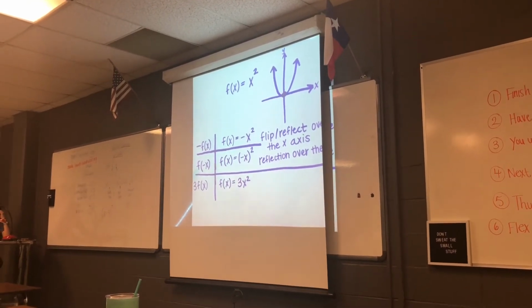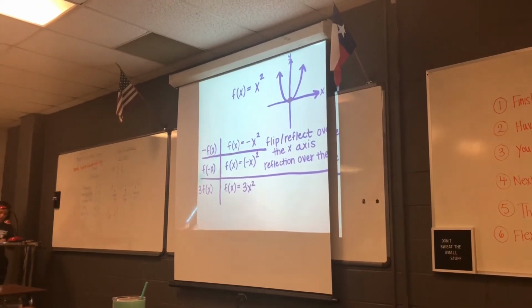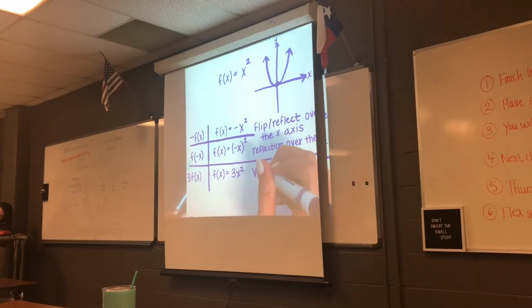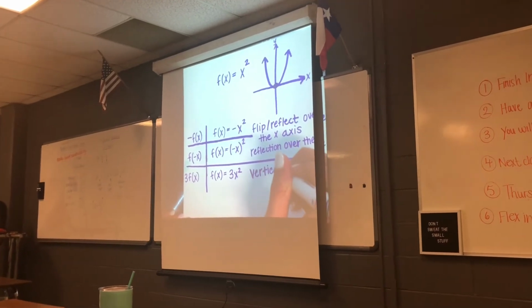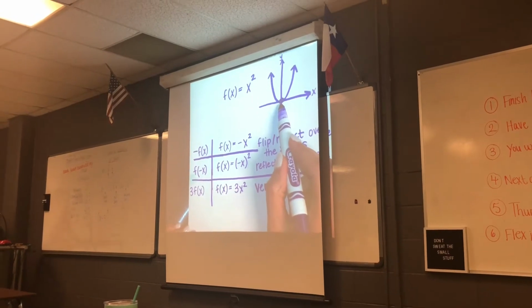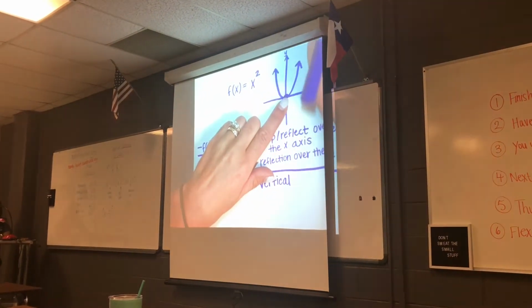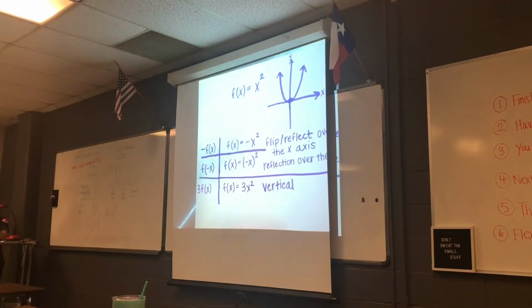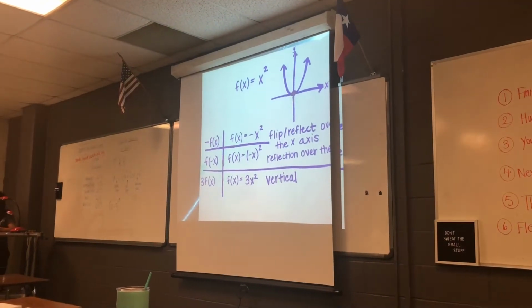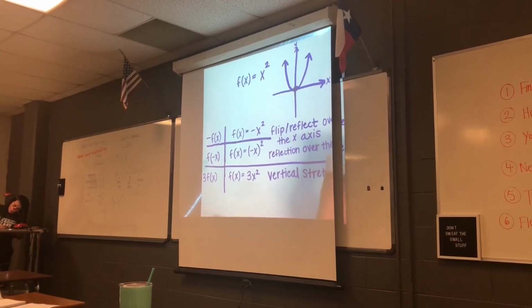Yes, vertical stretch. It is going to stretch out the parabola. It doesn't move the vertex, the 0, 0, but the points would end up being higher up, and the graph would actually look a little bit narrower because of it. It's a vertical stretch.